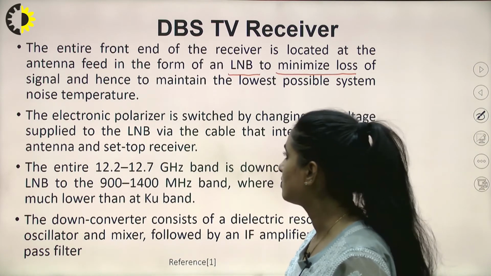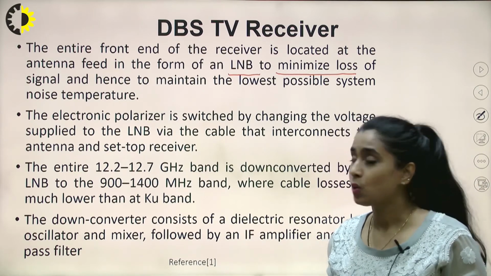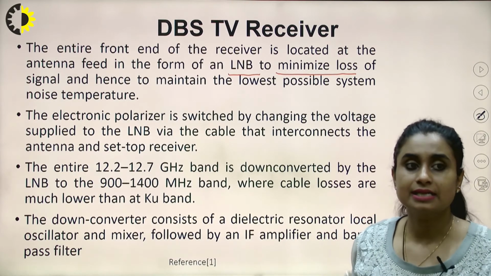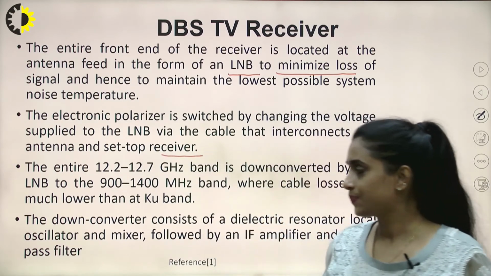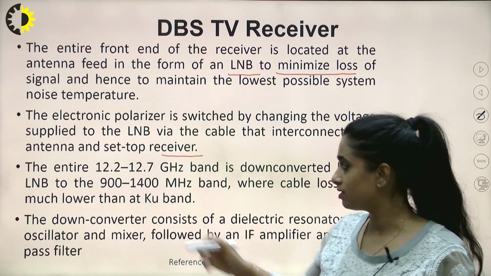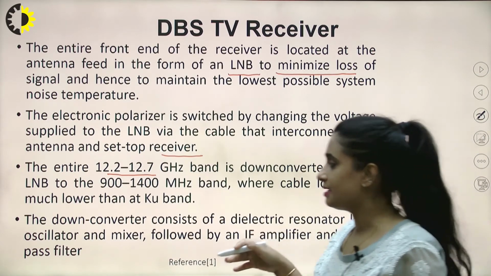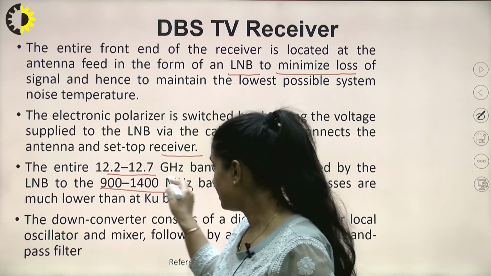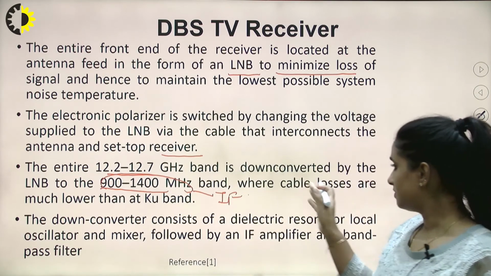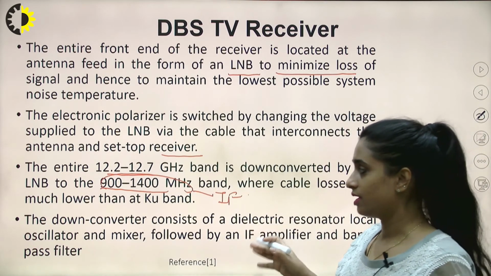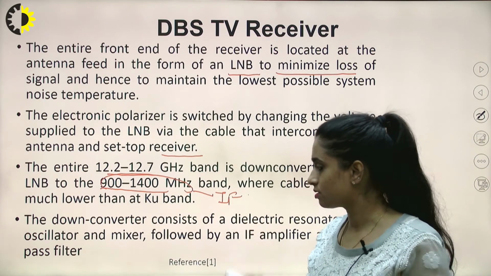The electronic polarizer is switched by changing the voltage supply to the LNB via the cable that interconnects the antenna and the set-top receiver. The entire 12.2 to 12.7 GHz band is down converted by the LNB to this. Here it is, my IF frequency, already discussed, where cable losses are much lower than at Ku band, right? This is a universal truth.